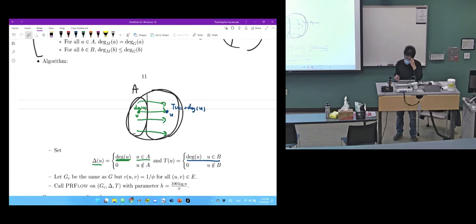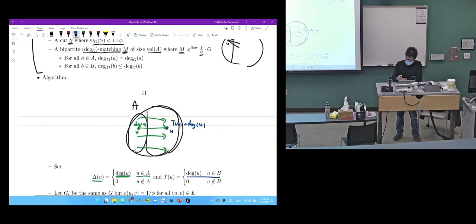Okay. And then the graph that we actually will be working at is just, I call it G_C, which is the same graph G, but you set the capacity of every edge to be 1/5. And that makes sense, right? Just because the congestion that we want to embed the matching is 1/5.